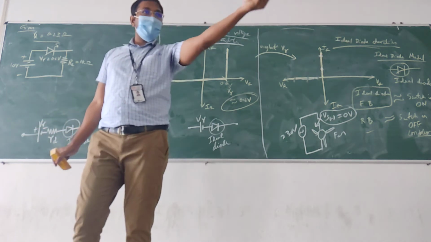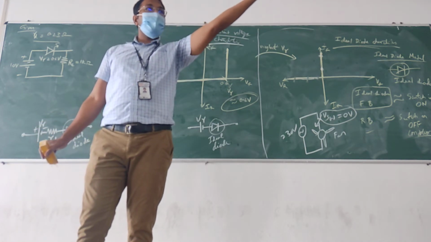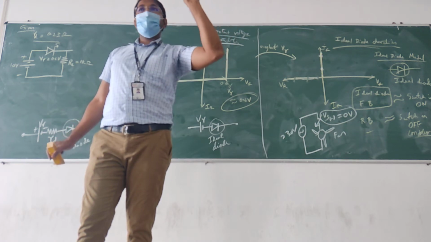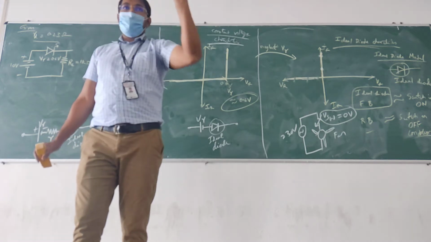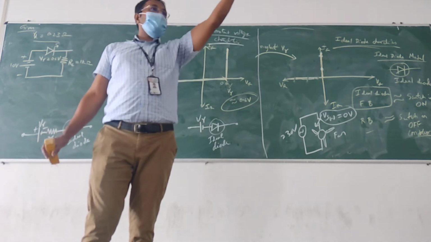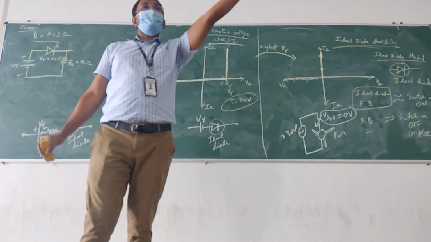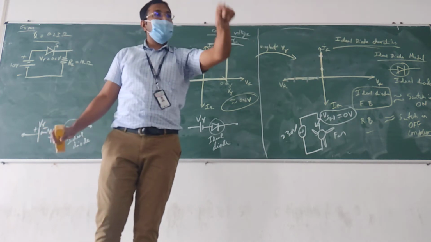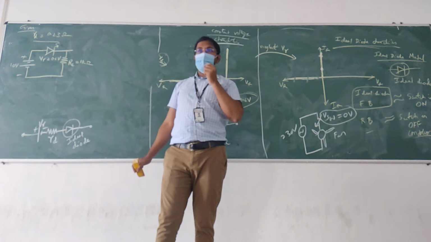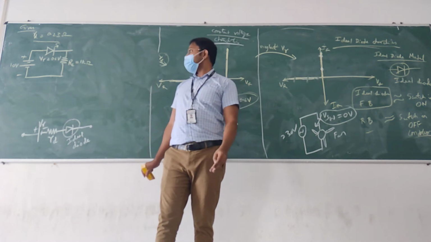It is the same when we deal with transistors in the coming units. We replace the diode with the equivalent circuit and we solve. In the next chapters, when we find the equivalent circuit of the transistor, we will replace the transistor with its equivalent circuit and that circuit we can solve. Clear?